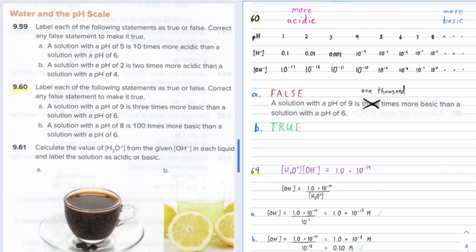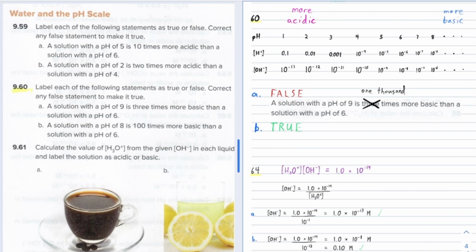So you can see as the pH numbers go up each time, the proton concentration is 1/10 of what it was before. So pH 1 is 10 times more acidic than pH 2, but it's 100 times more acidic than pH 3 and 1,000 times more acidic than pH 4.